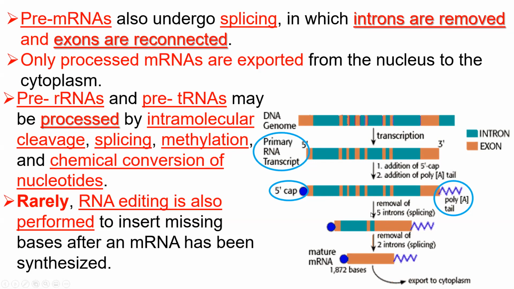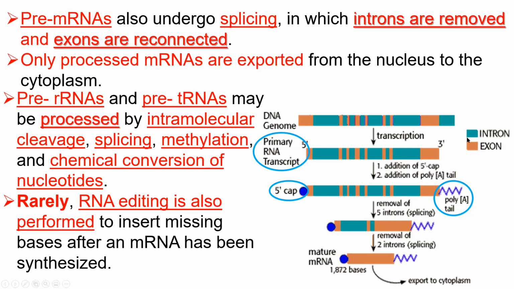Number three, splicing. If you look at the primary transcript, you can see regions in green and regions in orange. Those in green, we call introns.